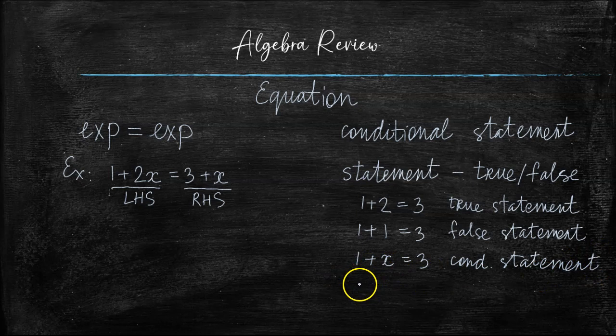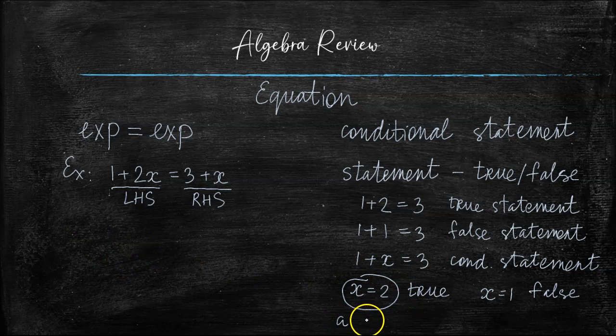So this statement is true when x equals 2. And this statement is false for x equals 1 and many other values. So in the context of this particular example, we would refer to x equals 2 as a solution.